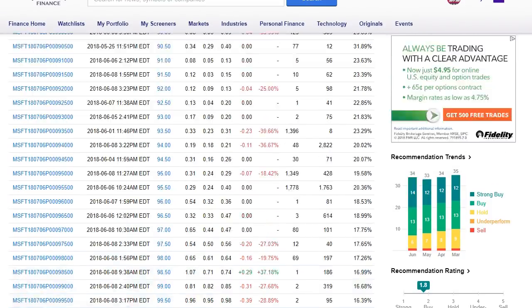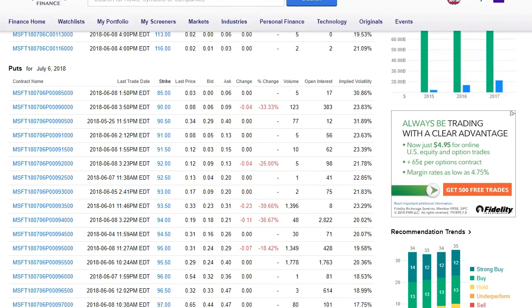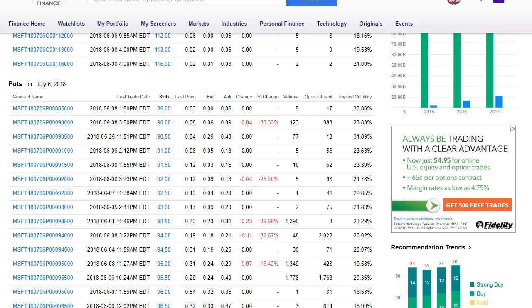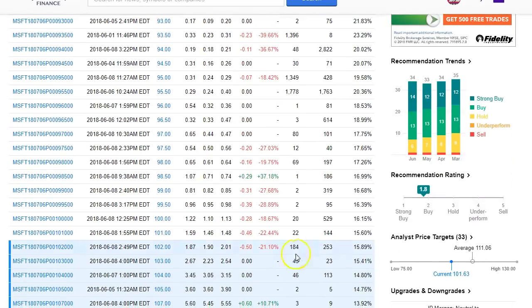So let's see, July 6th, 101. Okay, here's a borderline. Up to here is in the money. Anything after that is called out of the money.